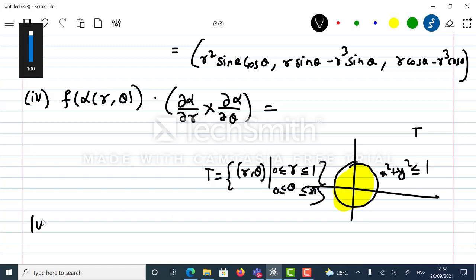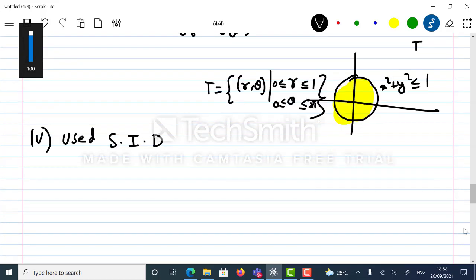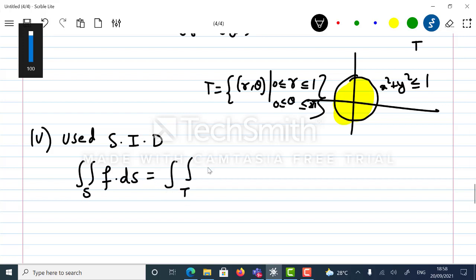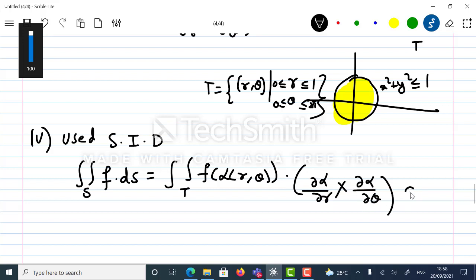And step 5 is basically to use the surface integral definition. SID means surface integral definition. So it is the surface integral of F dot dS equals the double integral over T of f of α(r, θ) dot product with ∂α/∂r cross ∂α/∂θ dr dθ.